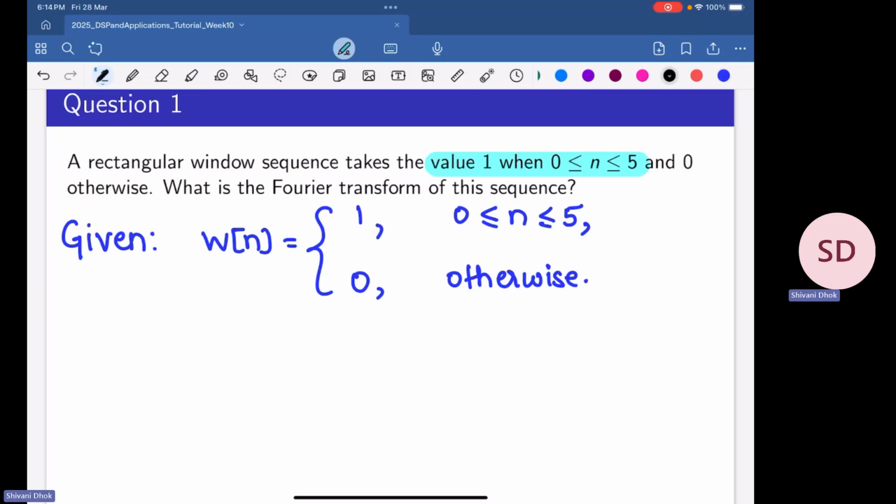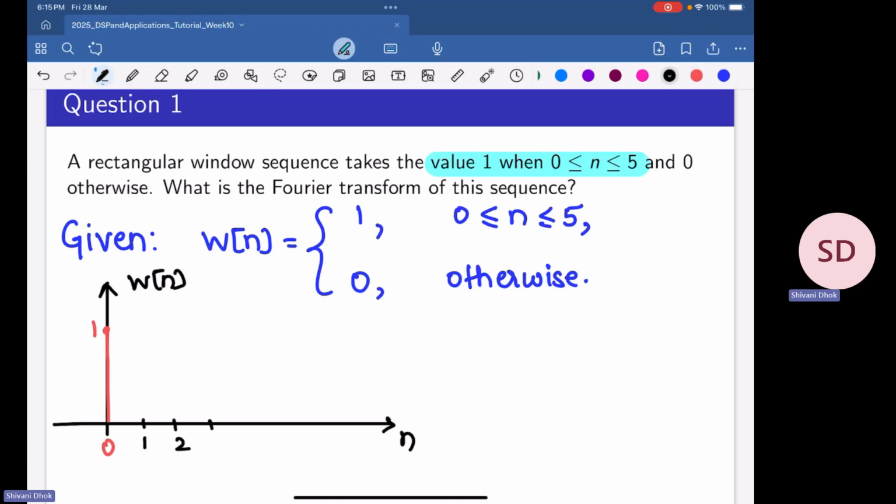So how does the sequence look? It looks something like this. This is n. Here we have W of n. Let me extend it a little bit on this side as well. Then we have 1 here at 0, 1, 2, 3, 4, 5, 6, 7, and so on.